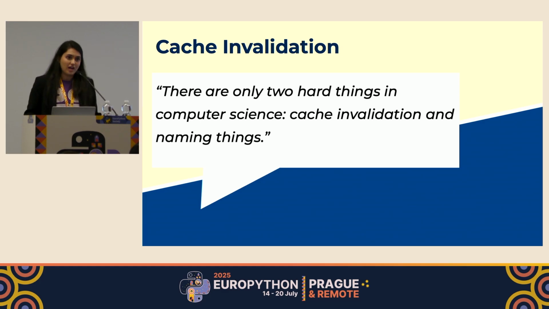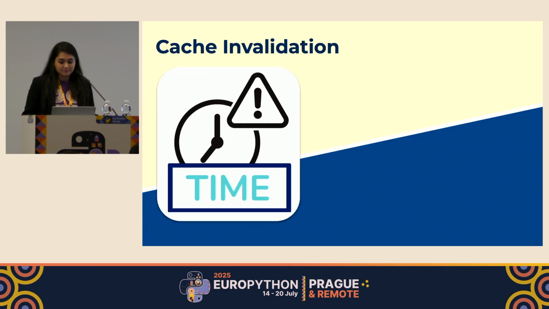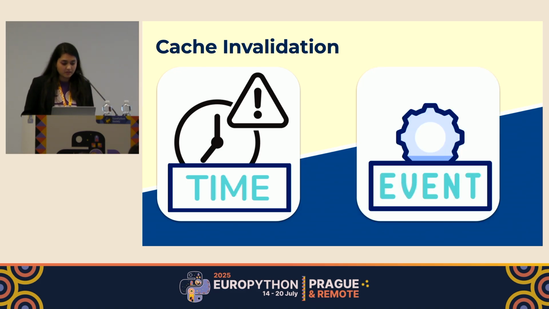There are a few common strategies for cache invalidation. First one being time to live, or a time-based expiry. As the name suggests, our cache data is invalidated after a certain amount of time. And then event-driven cache invalidation. These are triggered by changes to the underlying data. For example, when a value is updated in the database, its corresponding cache key will be invalidated.